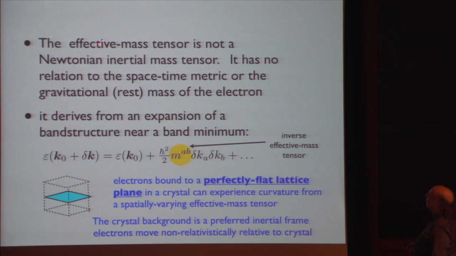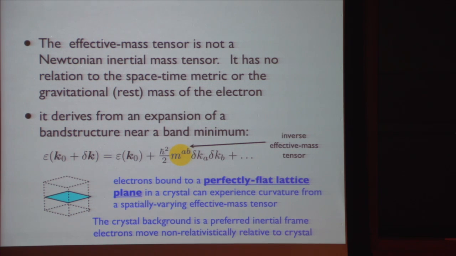Okay, so the basic point is that the effective mass tensor is not a Newtonian inertial tensor. So there's been a tendency in this field for people to model the quantum Hall effect on Galilean invariant Newtonian physics. But actually, it's got nothing whatsoever to do with the Newtonian inertial mass tensor because it doesn't exist inside condensed matter. These are electrons which are moving around.